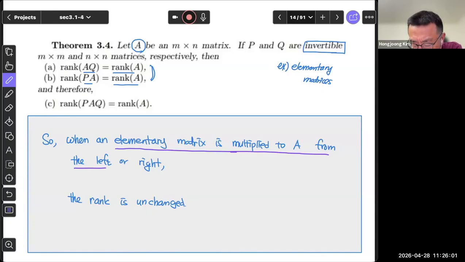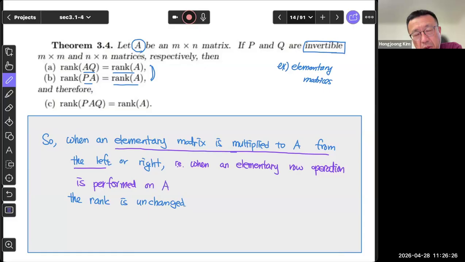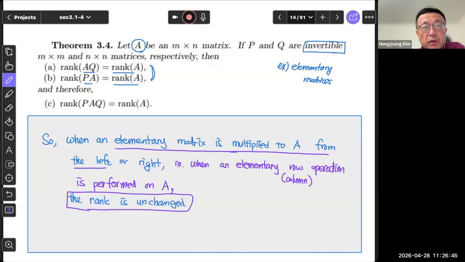That means when an elementary row operation is performed on A matrix, or if you multiply such an elementary matrix from the right, that means some elementary column operation is performed on A, the rank is unchanged. That is the result of the theorem, right?